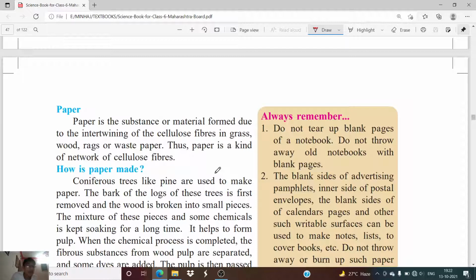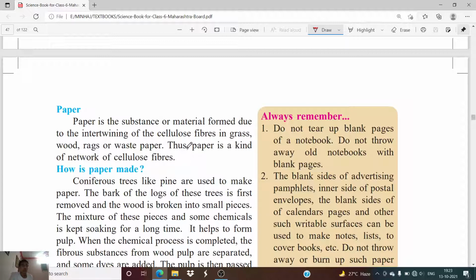So paper is the substance or material formed due to the intertwining of the cellulose fibers in the grass, wood, rags or waste paper. So this paper is made up of cellulose fibers. These cellulose fibers are extracted from grass, wood, rags or waste paper, and the intertwining of these cellulose fibers results in the manufacturing of paper.